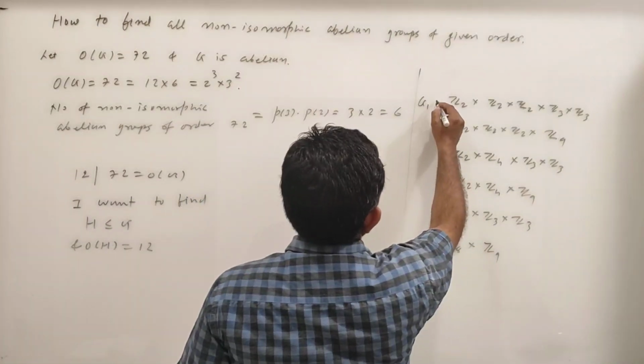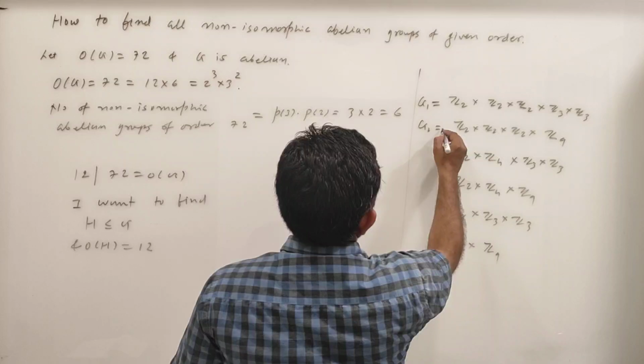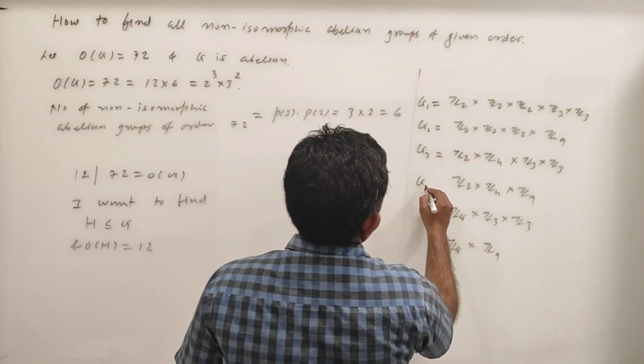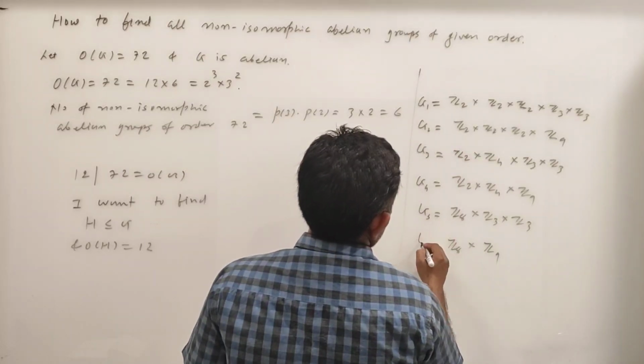तो यहाँ से ये क्या है? So let me say this is G1, G2, G3, G4, G5 and G6.